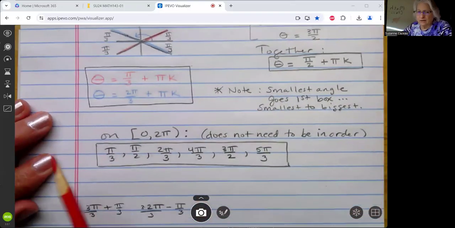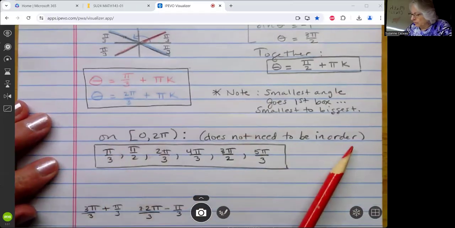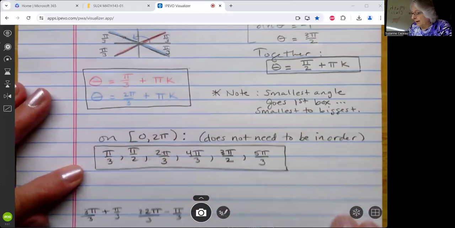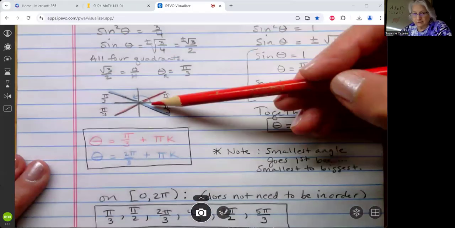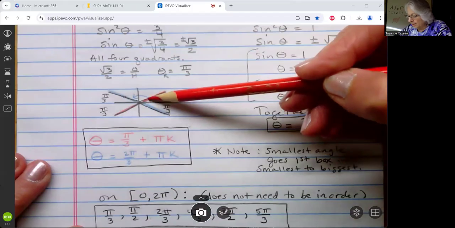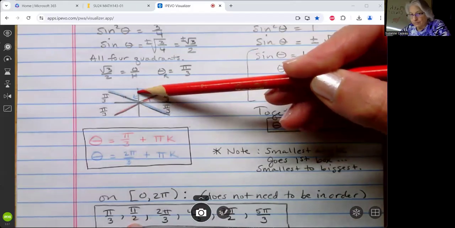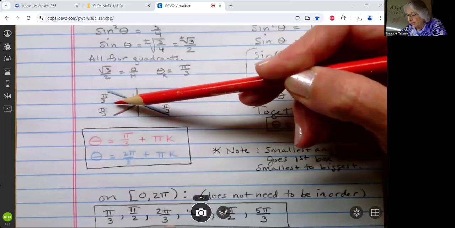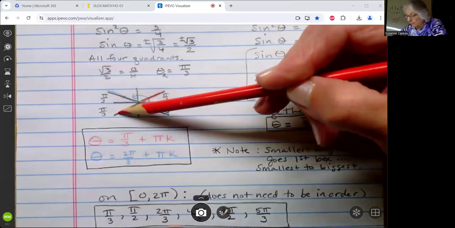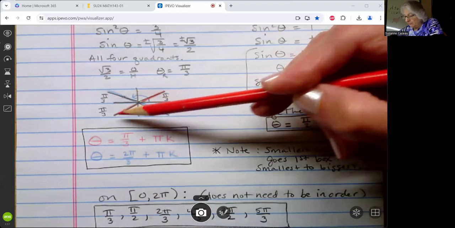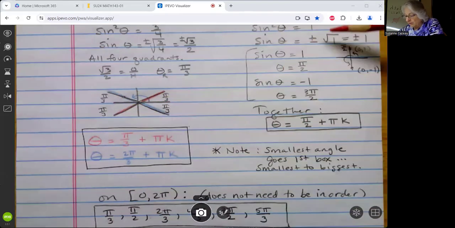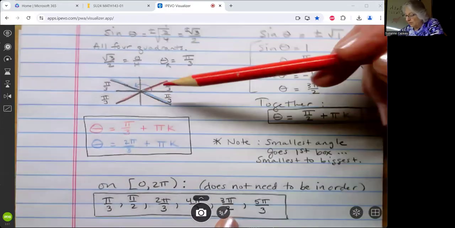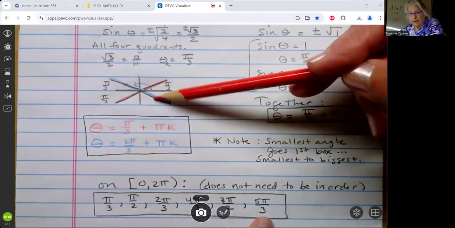Now you want to say, well, what are the angles on 0 to 2 pi? Well, we've got the pi over 3, and you can even look at this to figure it out. You got your pi over 3, then you've got pi over 2, then you've got 2 pi over 3, then you've got, oh, not that one, this one, 4 pi over 3, then you've got this one from over here, and that's going to be 3 pi over 2, and then you've got this one here, and that one is 5 pi over 3.